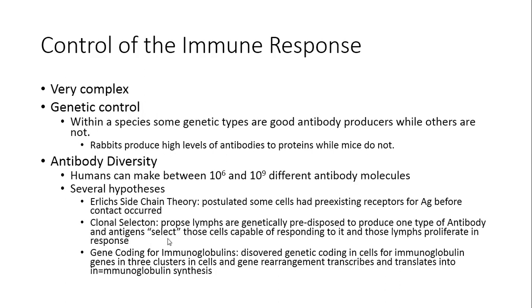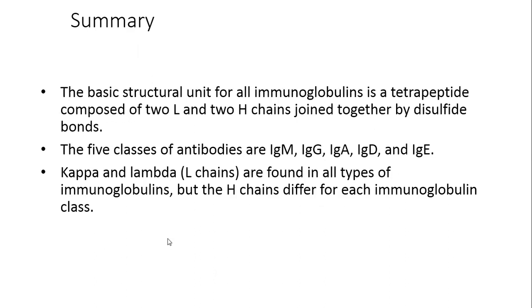So gene coding, I'm not really concerned about that. What I'd like you to know for definitions really are the Ehrlich side chain and the clonal selection. Those are the two most researched hypotheses about how we get antibody diversity. And so that's it. We're done.